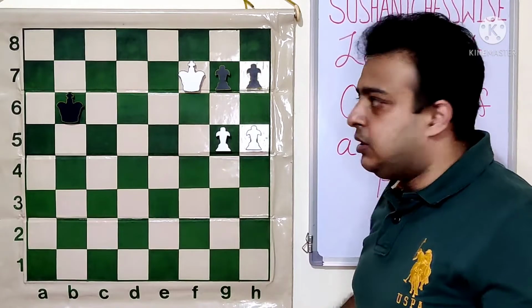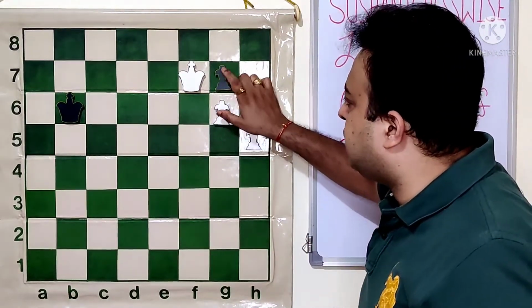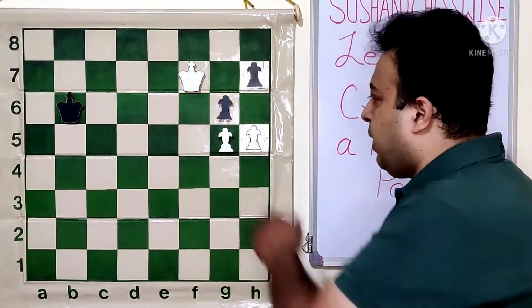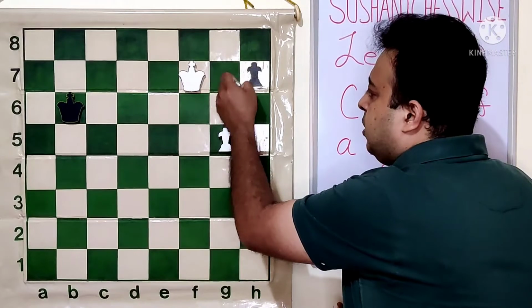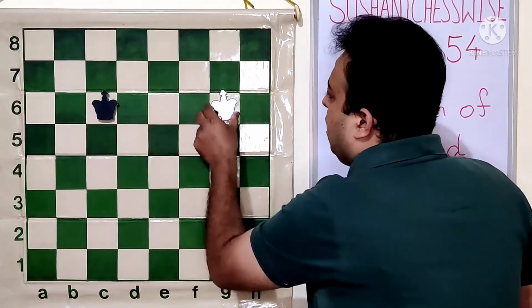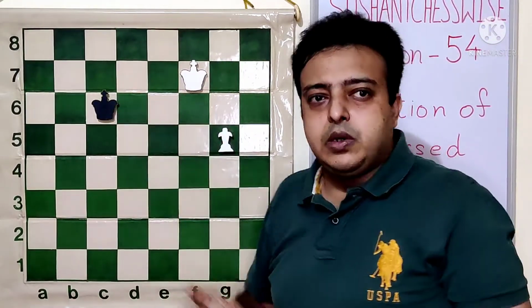Now black might play G6 or H6. To H6 we will play the move G6, take this pawn and promote the G pawn. To G6 we simply capture the pawn, HG, HG, KG6, play the king to F7 and queen the G pawn, and then win with king and queen versus queen.